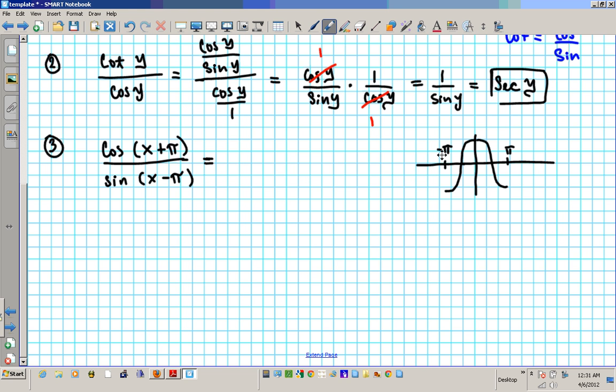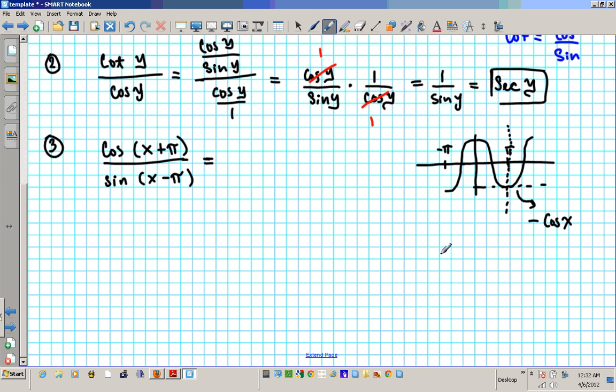Cosine of x plus pi basically means that this function gets shifted to the left. This will become your new y-axis. So what function is this? This function that got created is basically the opposite of cosine x.